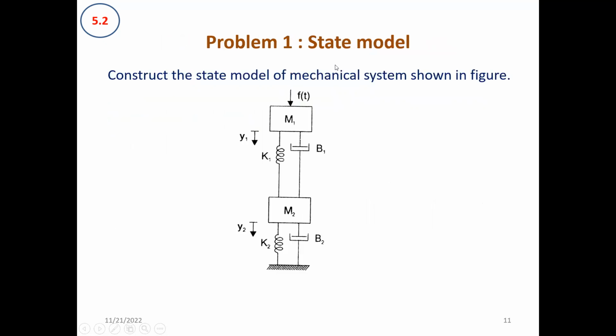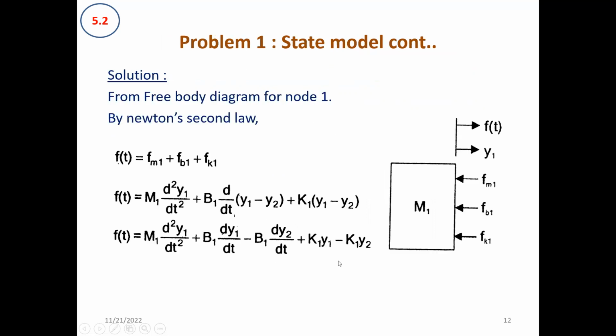Here the mechanical system is represented with respect to a translation system. Here we have M1, K1, B1, M2 and K2 represented. You can see the first step is we go for the free body diagram of M1. Here the forces of M1, B1 and K1 are connected. F of t equal to force of M1 plus B1 plus K1.